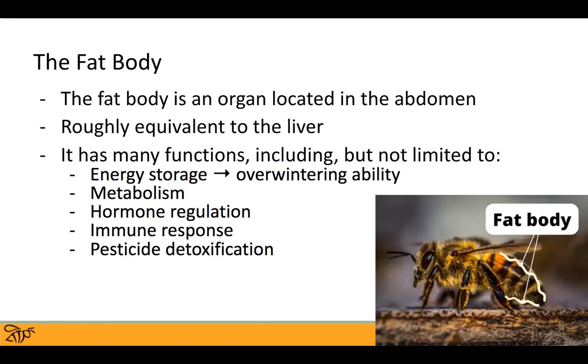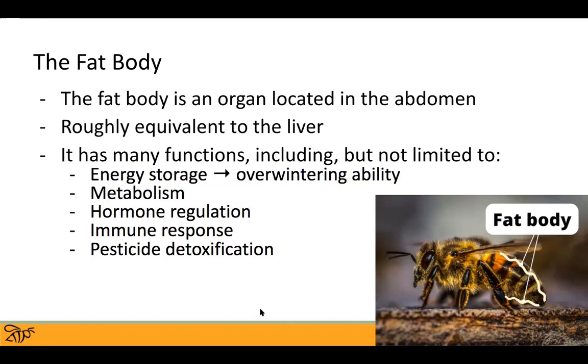All right. So the fat body is a collection of tissues that is located in the abdomen. So that's the bee's butt. And it is located on both the dorsal and ventral sides of the abdomen, just under the exoskeleton. I couldn't really find a great picture of a real fat body to show you, so I just made this little graphic to give you an idea of where it would be located within the bee.